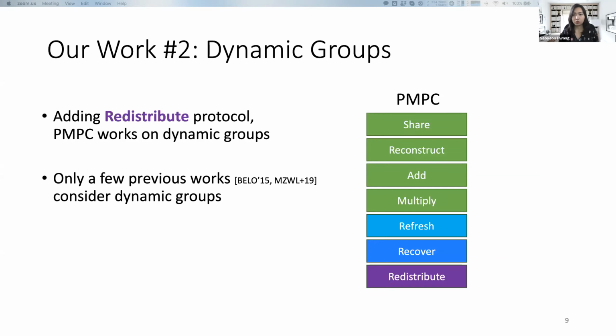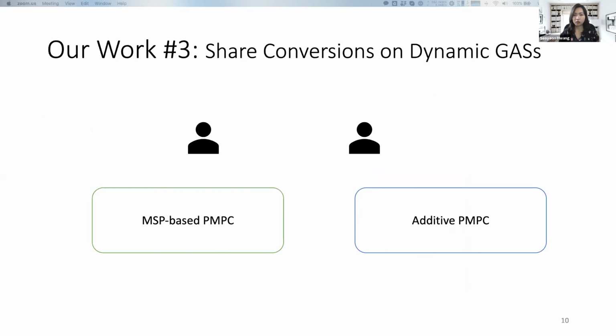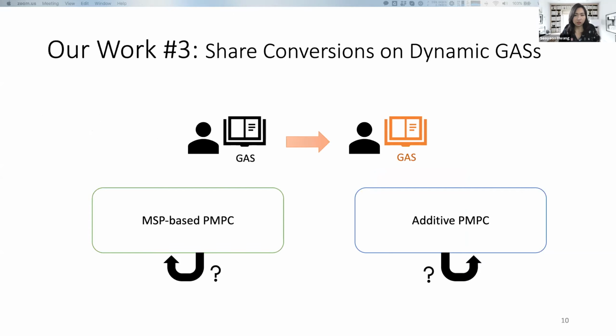Note that there were only a few previous works considering dynamic groups. Since we are considering two kinds of MPC schemes based on two incomparable structures, when the GAS is changed, the parties need to decide whether to use the same scheme or change to the other.